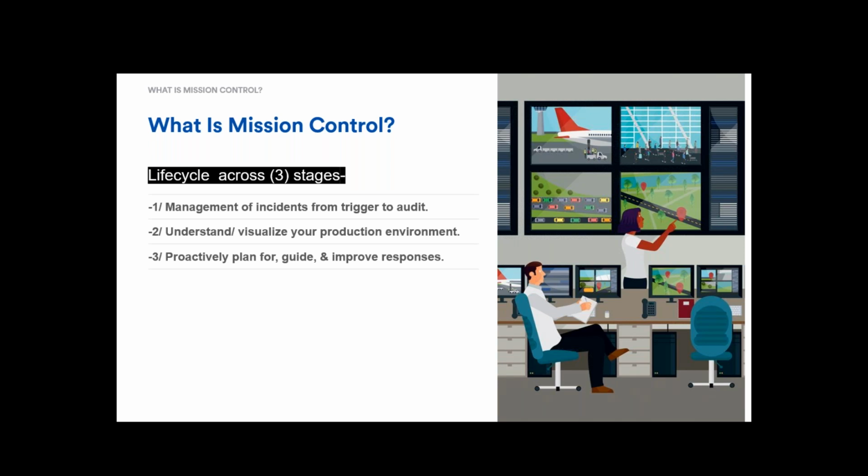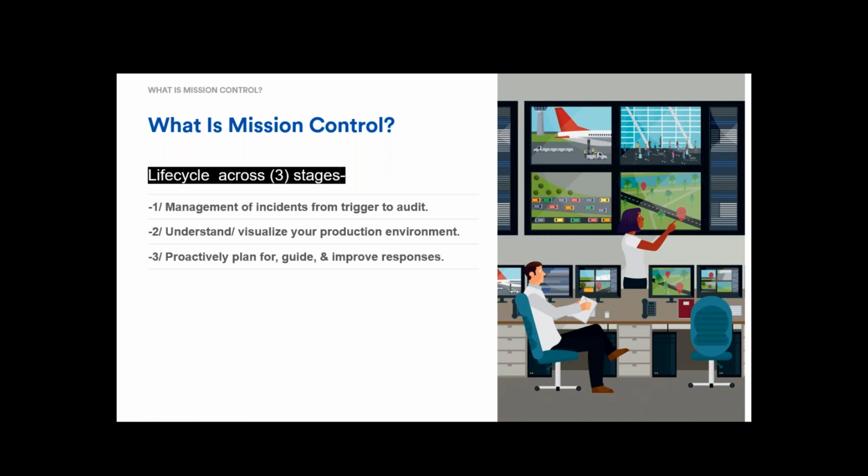A lot of aspects being juggled here. For just the start, as you can see here, we'll say the function along 3 stages: 1, 2, 3, management of incidents from trigger to audit. Again, it helps you understand and visualize the production environment as a whole, and then also helps you proactively plan, guide and improve your operational procedures entirely.